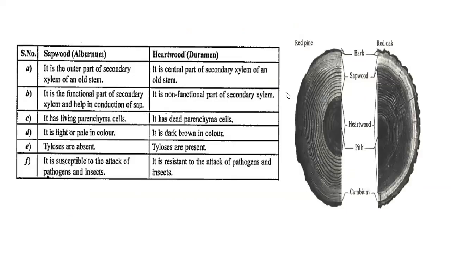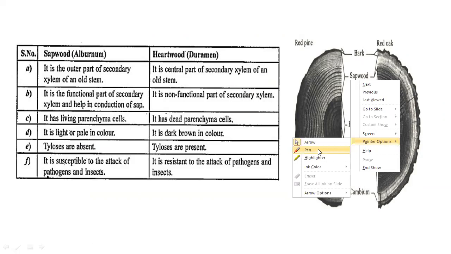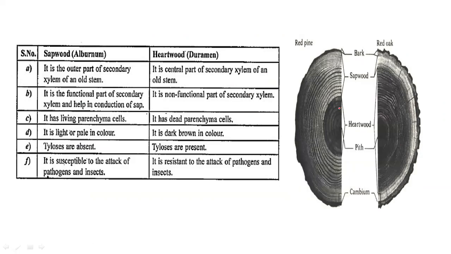Done? Difference between sapwood and heartwood. What is heartwood and what is sapwood? Heartwood is the central portion and innermost layer of the stem. In old trees, the large innermost portion of secondary xylem becomes dark due to deposition of resins, tannins, gums, essential oils.